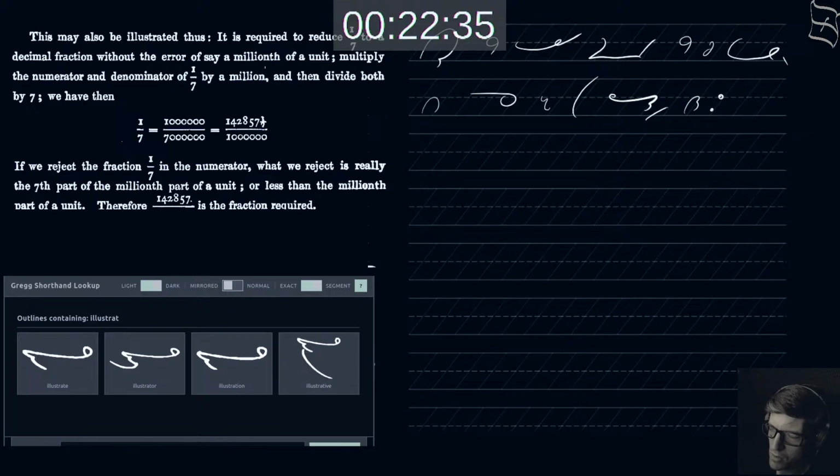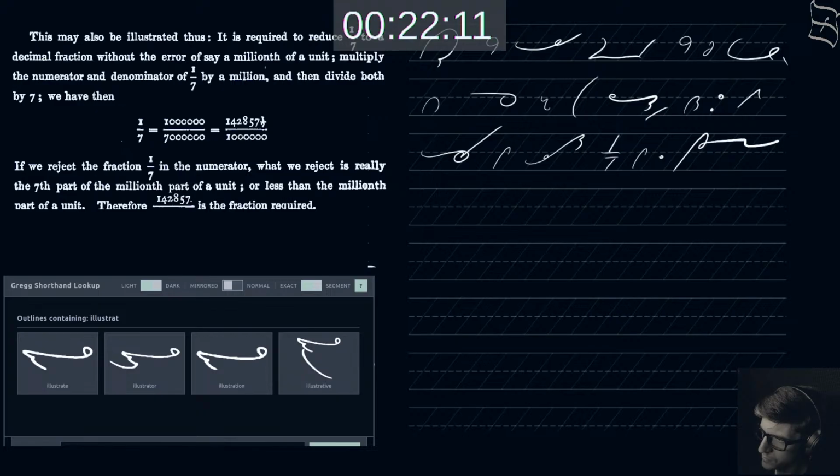It is required to reduce 1/7 to a decimal fraction without the error of, say, a millionth of a unit.